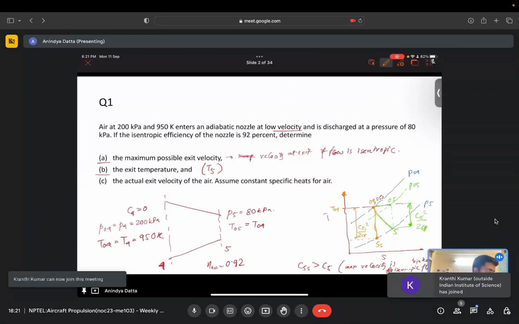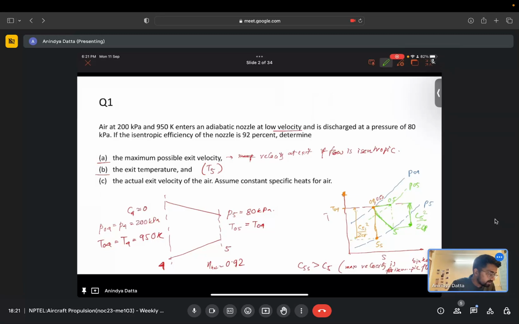Okay, but when the process is non-isentropic, the process will follow a curve like this green one, from 04 to 5. This is the actual static exit condition. For this state point 5, the corresponding stagnation state will be 05. But here also we have to maintain that T04 is equal to T05s, equal to T05.